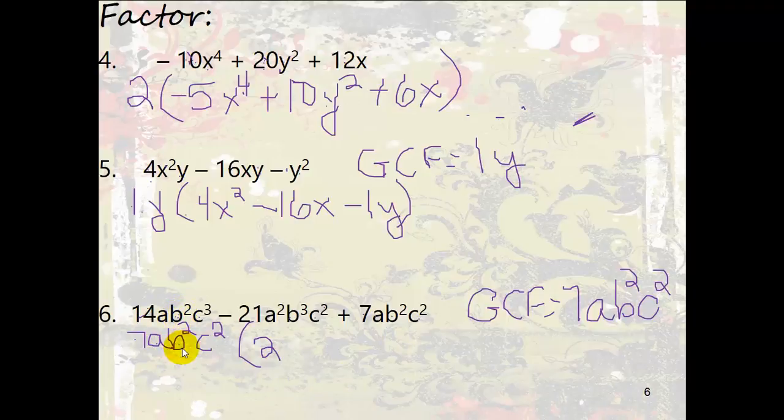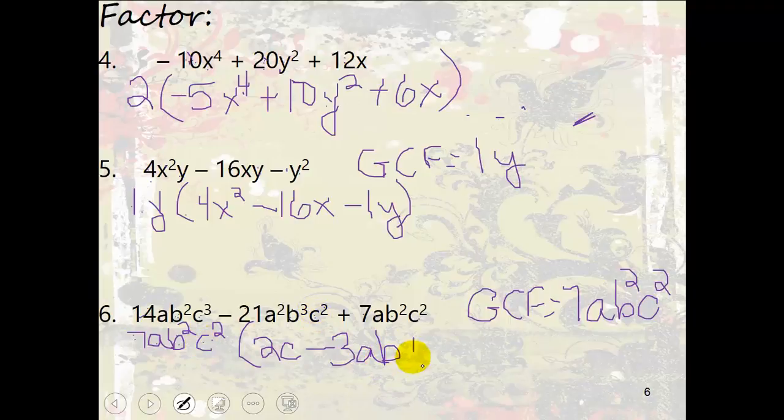C cubed divided by C squared is C. Minus 21 divided by 7 is 3. A squared divided by A is A. B cubed divided by B squared is B. C squared divided by C squared cancels.